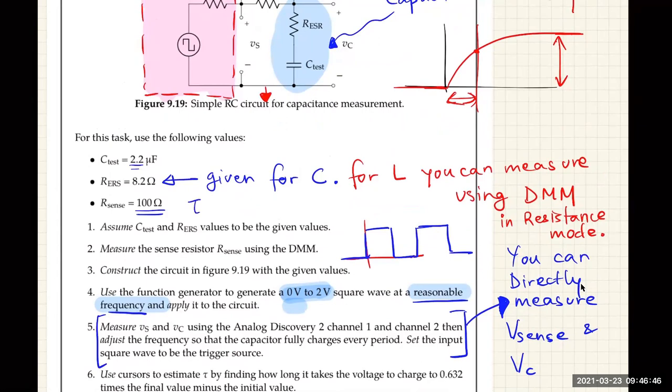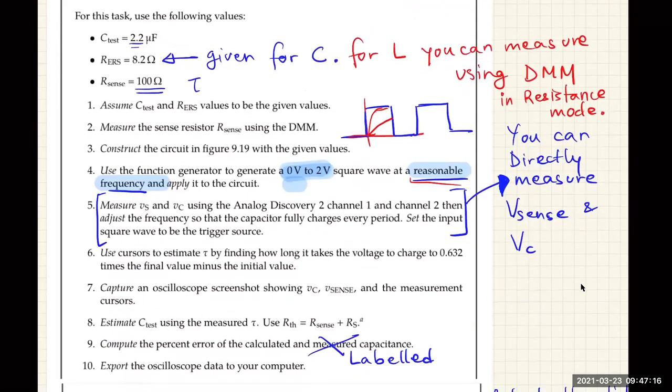Now you're going to have to pick a frequency so that in each half cycle, the capacitor has enough time to charge. Okay, so if your frequency is too fast, then the capacitor may not get enough time to charge all the way up, right? So you need to choose your frequency so that the capacitor has enough time to charge in each half cycle.